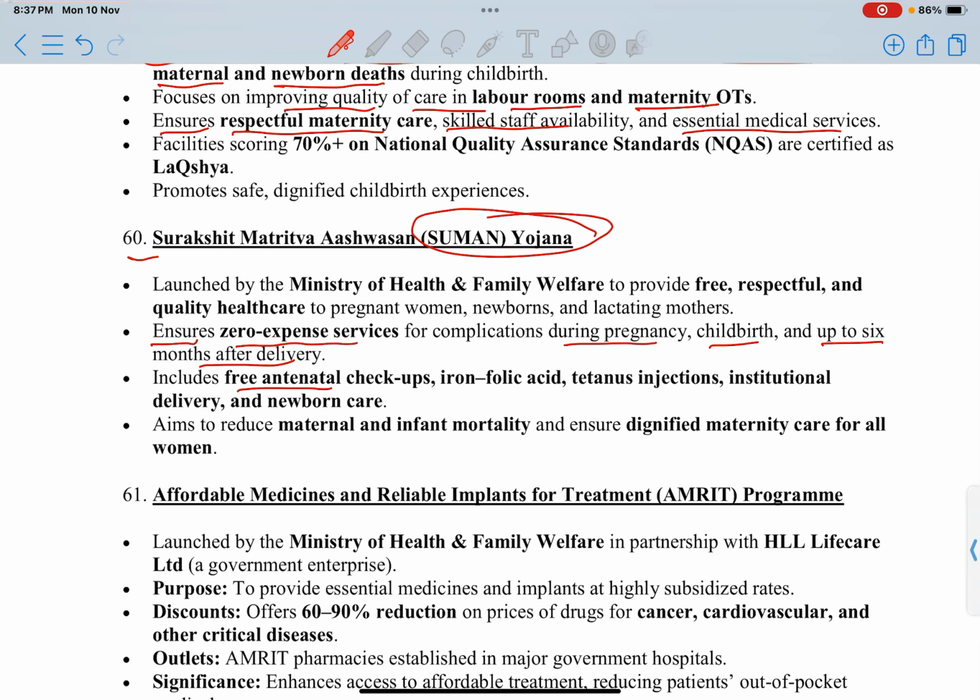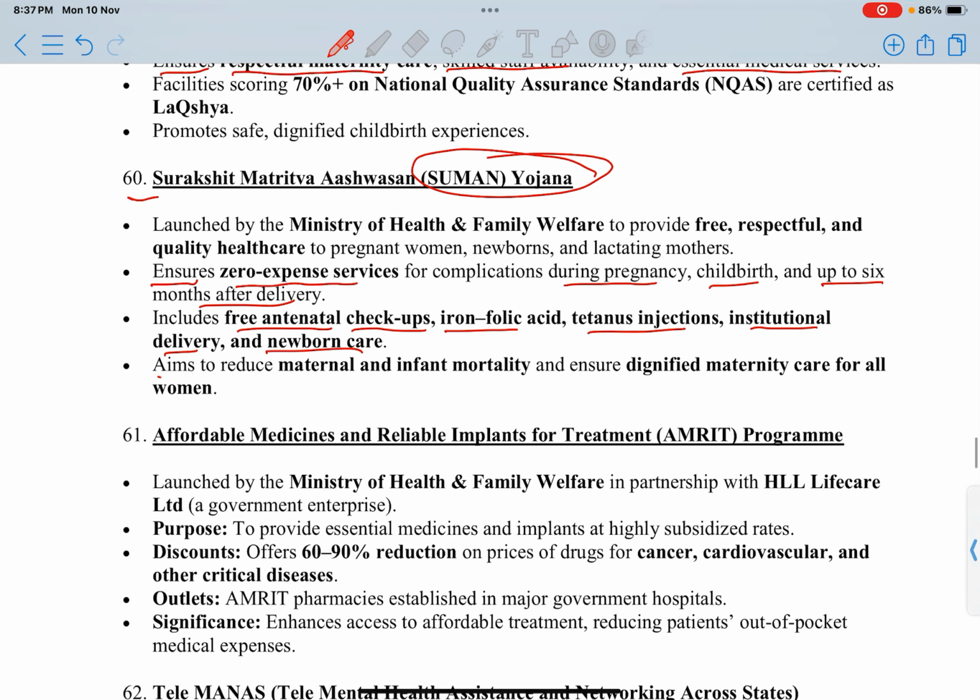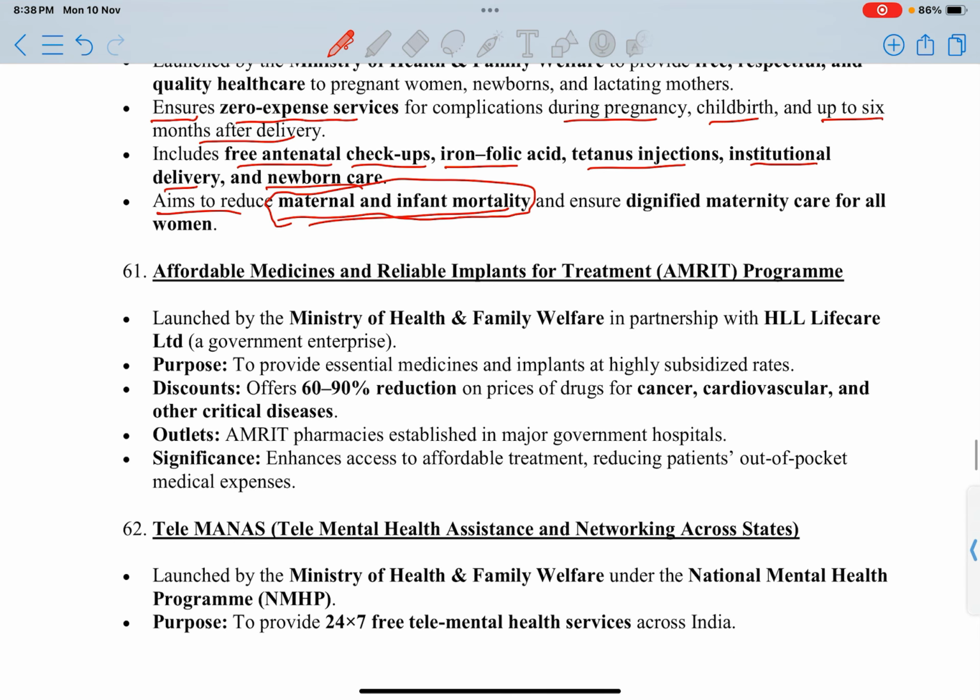Includes free antenatal checkups, iron folic acid, tetanus injection, institutional delivery, and newborn care. It aims to reduce maternal and infant mortality. What is the purpose? In the exam, they ask, this Suman Yojana is related to reducing maternal and infant mortality.